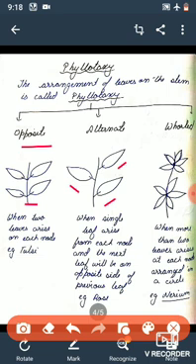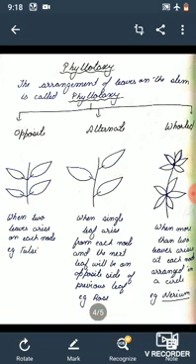Alternate, single leaf will be arising from one node and the leaves will be in opposite direction to one another. Third one, more than two leaves will be arising from the same node and they will form a circle like structure, and that type of arrangement is the whorl phalotaxy.